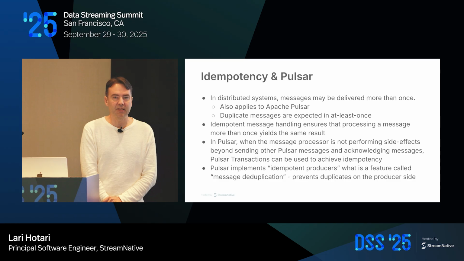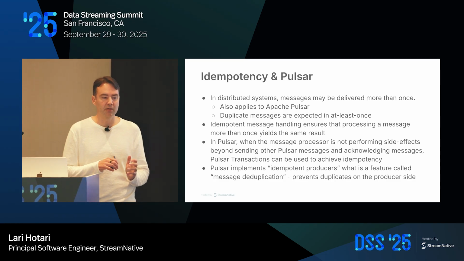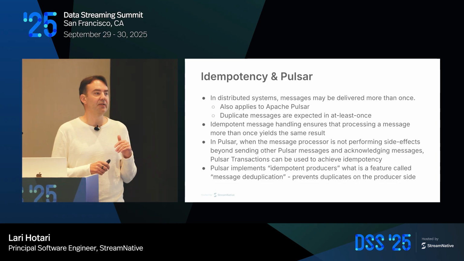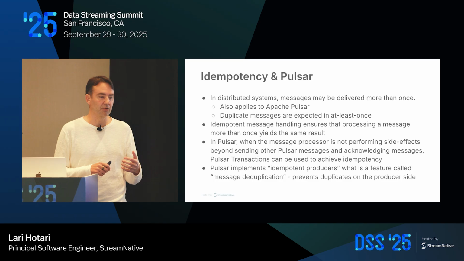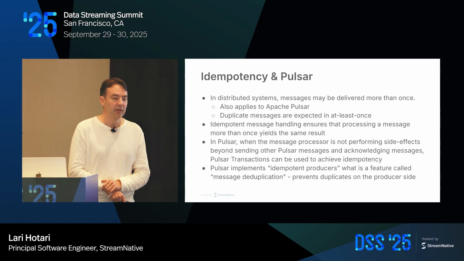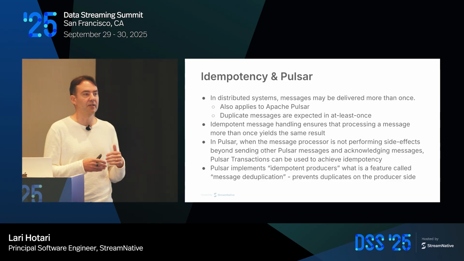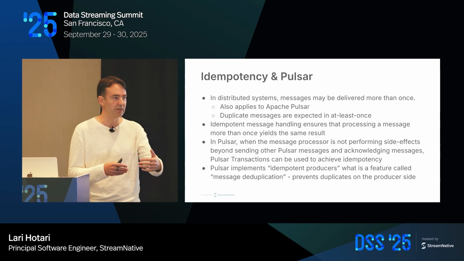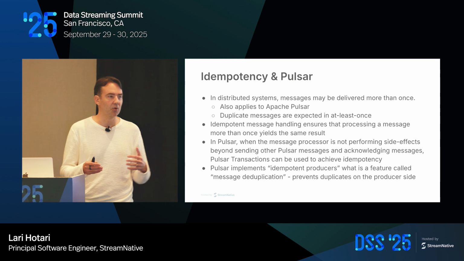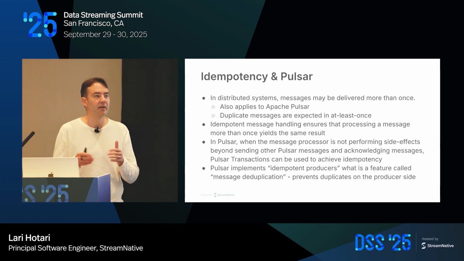One detail that sometimes causes a little bit of confusion is that Pulsar has a feature called message deduplication. It's for idempotency on the producer side, implementing the idempotent producer pattern. That prevents duplicates on the producing side so that they don't get stored as duplicates. If you don't have that enabled, you'd already get duplicates stored in the storage.